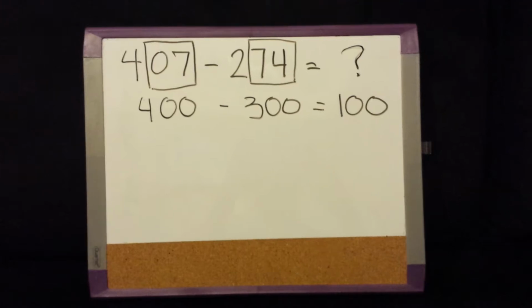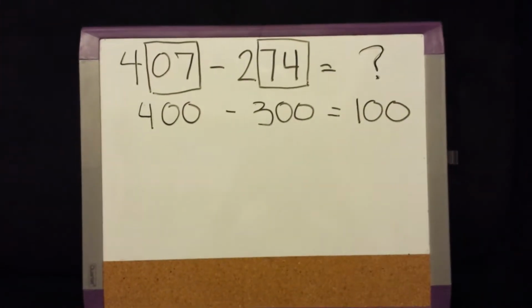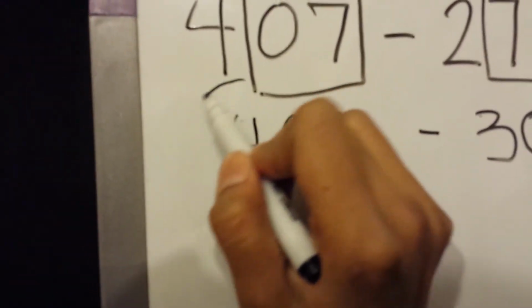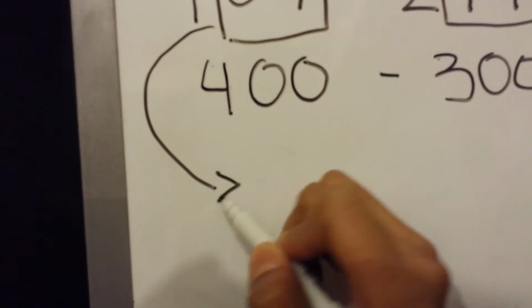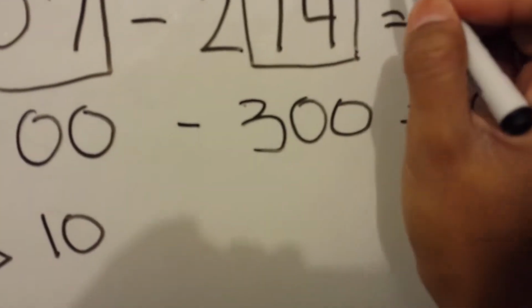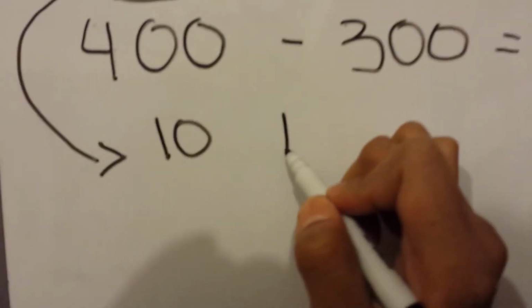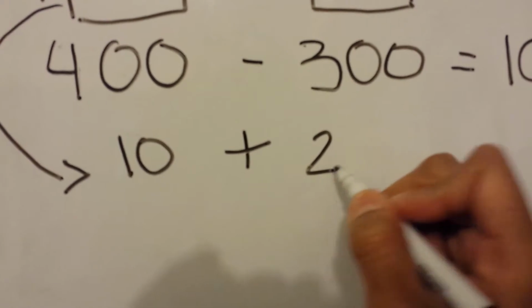It is still quite a leap from our original estimation because there are numbers still missing from both 407 and 274. So what I'm going to do is take the 7 from 400 and round it up again to 10. And I know that I'm missing about 25 between 274 and 300. So I'm going to guess 25 and add that to my 10.